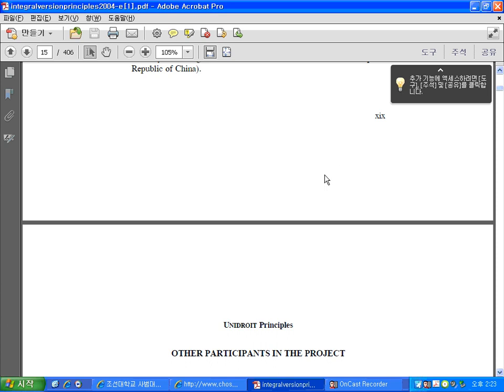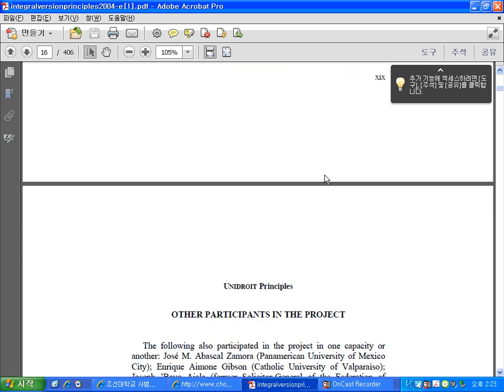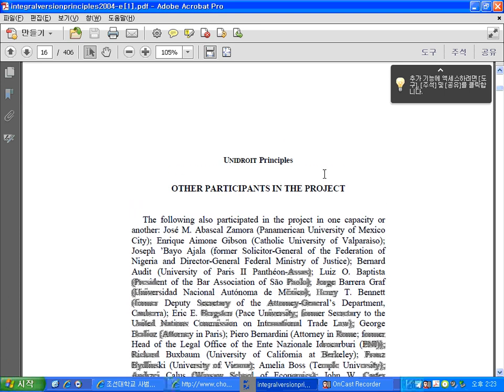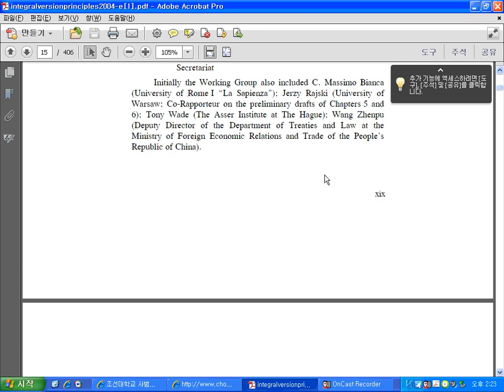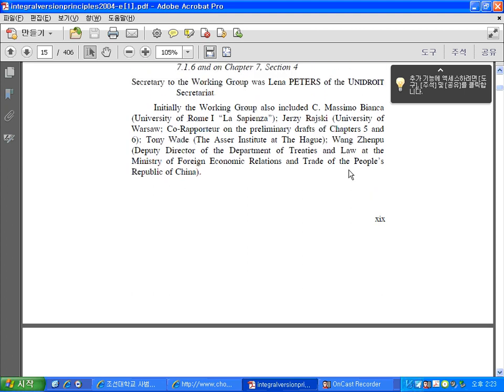UNIDROIT is, as I've said, a branch organ of the United Nations and one of two organs commissioned with uniform private laws in international trade law.